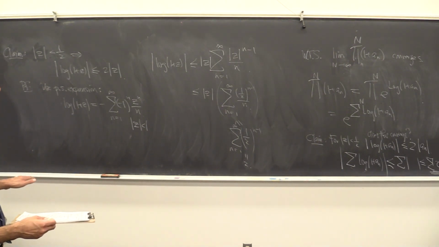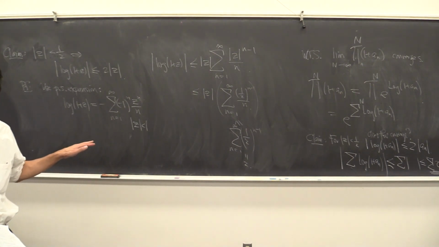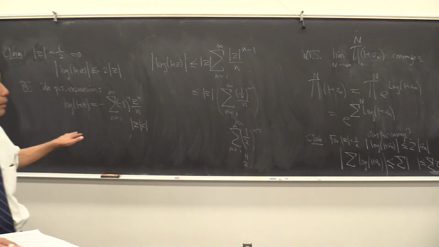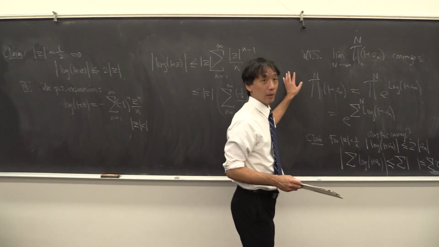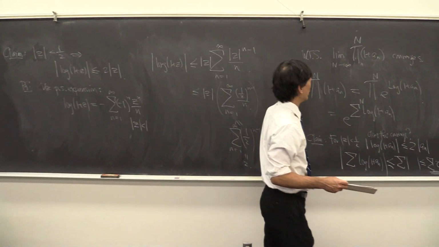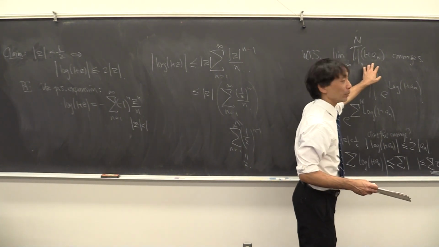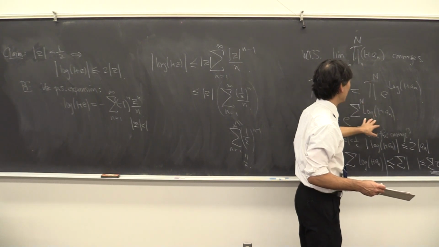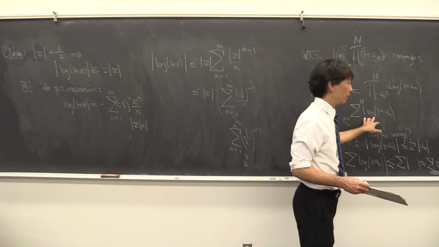Okay. In any case, is everybody okay up to this point? So we assume that the a sub n's are all small, right? That allows us to bring in the log. That allows us to change this thing into a statement about a sum, right?